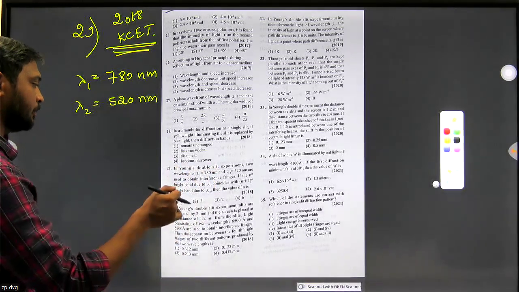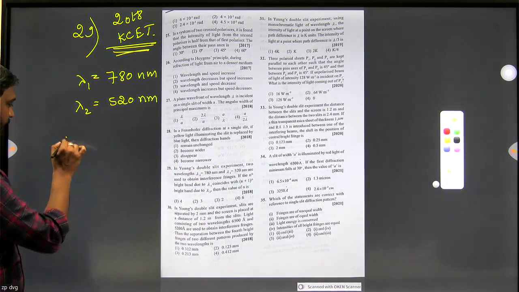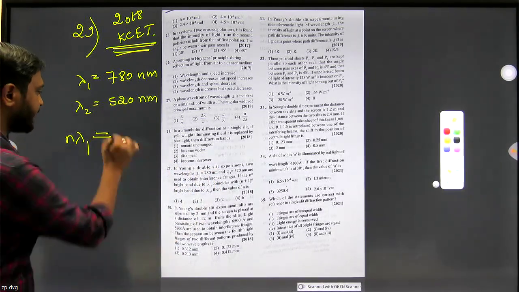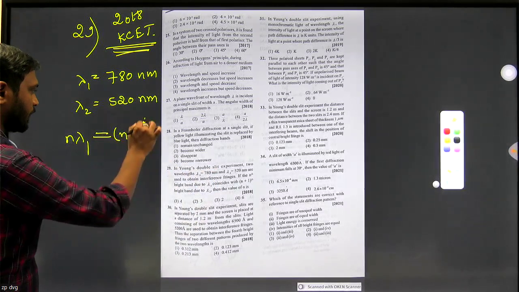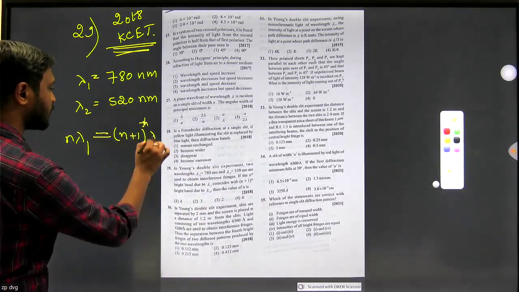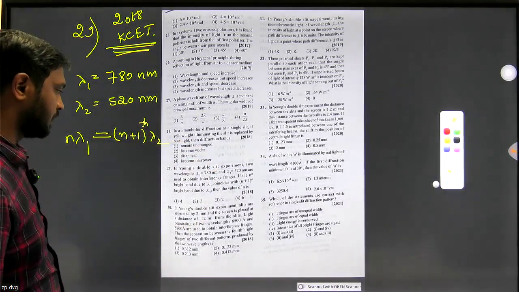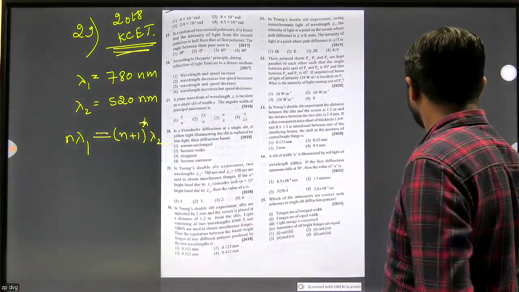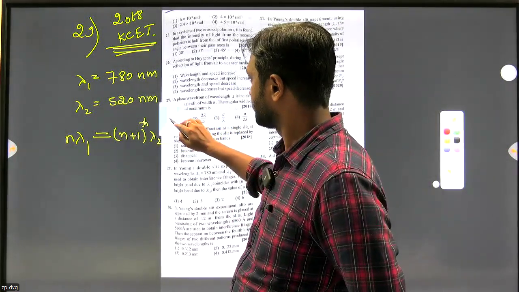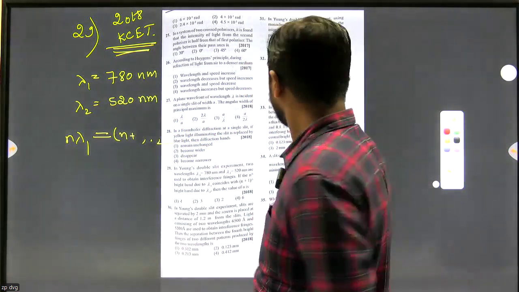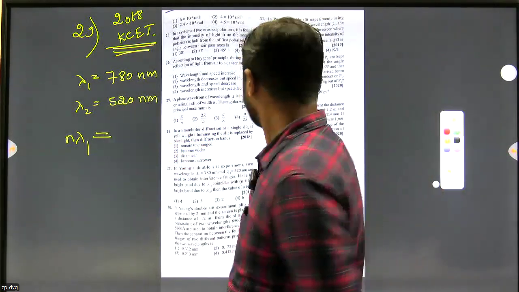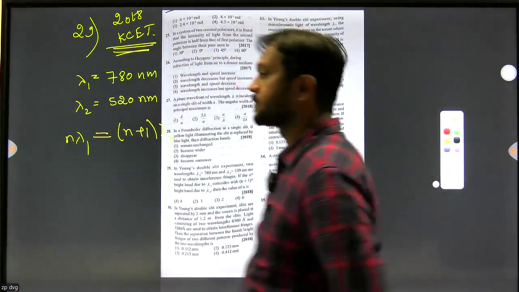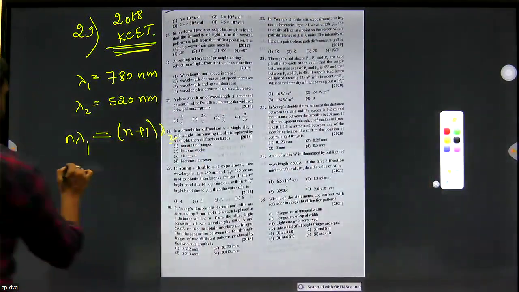If the nth bright band due to lambda 1 coincides with the (n plus 1)th bright band due to lambda 2, then the value of n is? We can continue the problem.